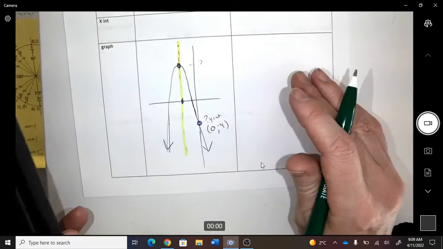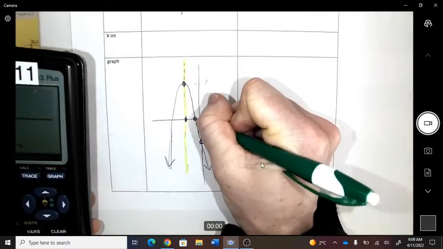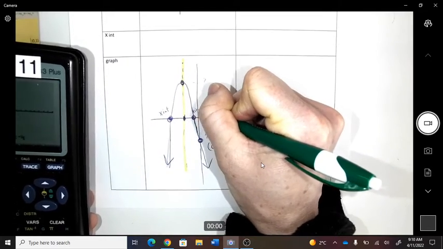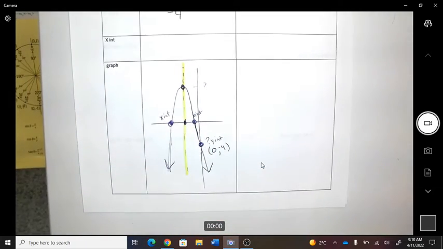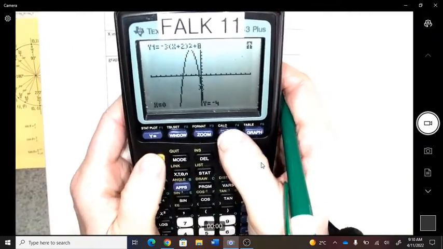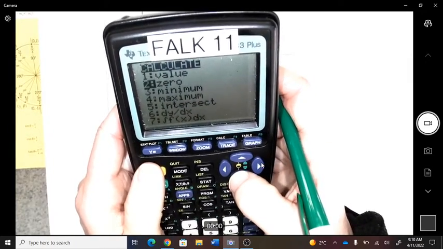Okay, next, what are the X-intercepts? Those are the X-intercepts. So how do I get them? We're going to go second, calculate. And this time we want the 0.